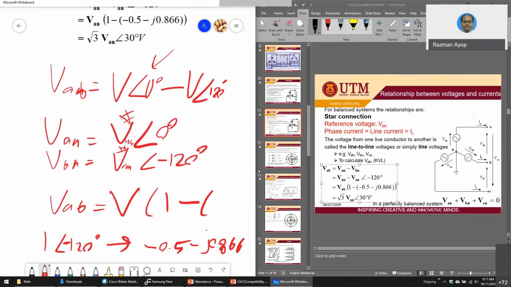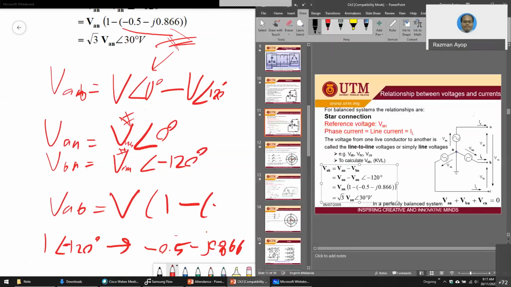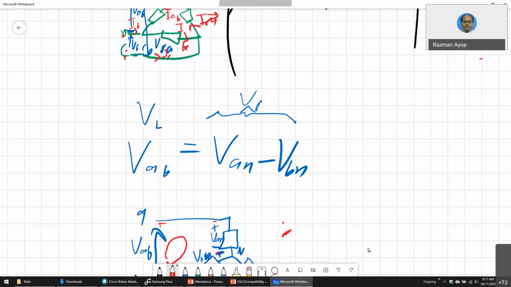That's why you get this value. And lastly, use your calculator, you get this. So basically that is how you do it. Just multiply by square root 3, and I forgot to include the angle here.